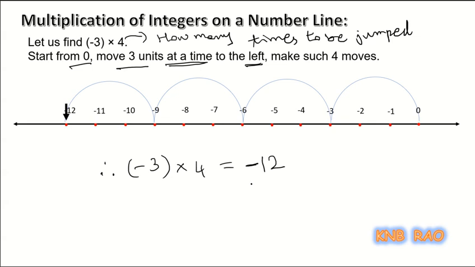Remember children, we have already learnt multiplying a negative number by a positive number gives negative integer. This we will sum up anyway after seeing one more example.